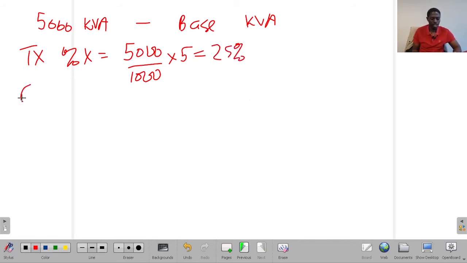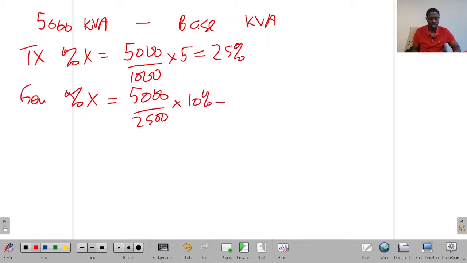And then we go to the generator percentage reactance at base KVA, which is going to be 5000 over 2500 multiplied by 10%. And this gives us 20%.